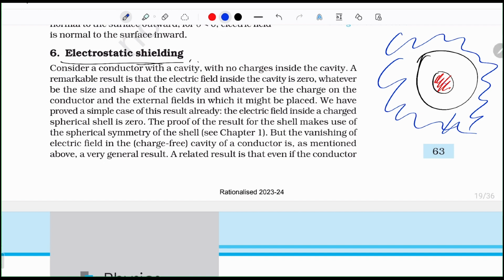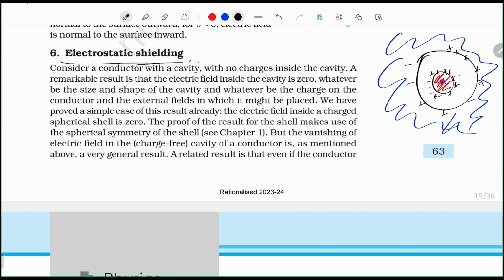That is because any variation inside the cavity is taken care of by the charges on this surface, positive or negative. And any disturbance in the universe around the metal is taken care of by the charges on the outer surface of the conductor.